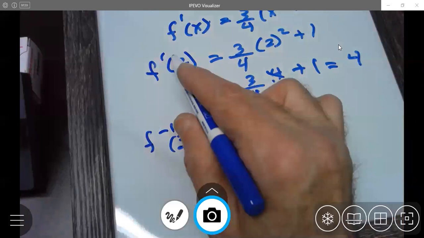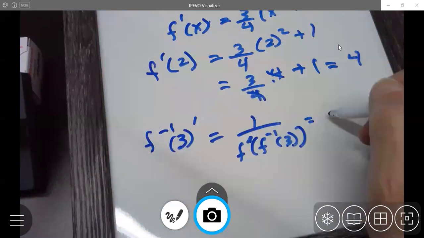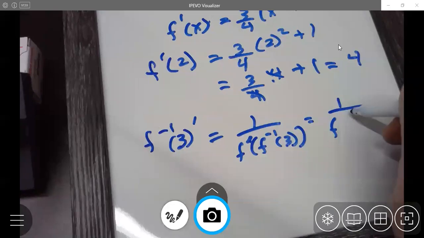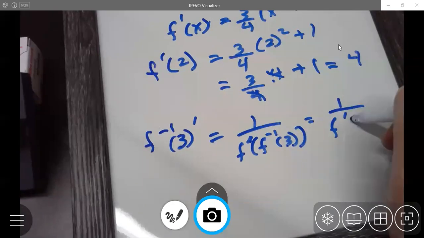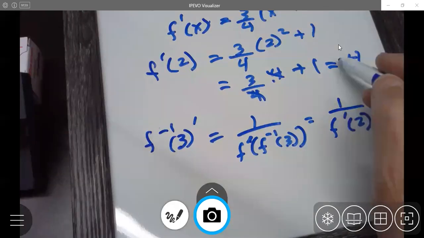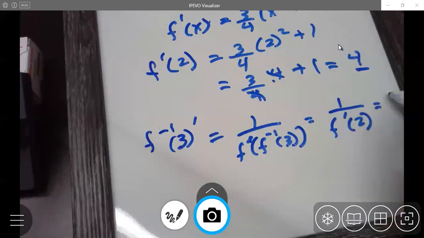Since we said that f inverse of 3 is 2, this is 1 over f prime of 2. And f prime of 2, we said, was 4. So this would be 1 over 4, and that's our answer.